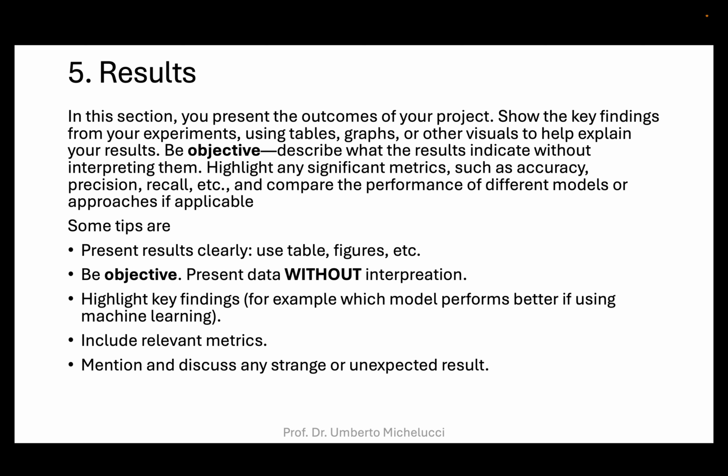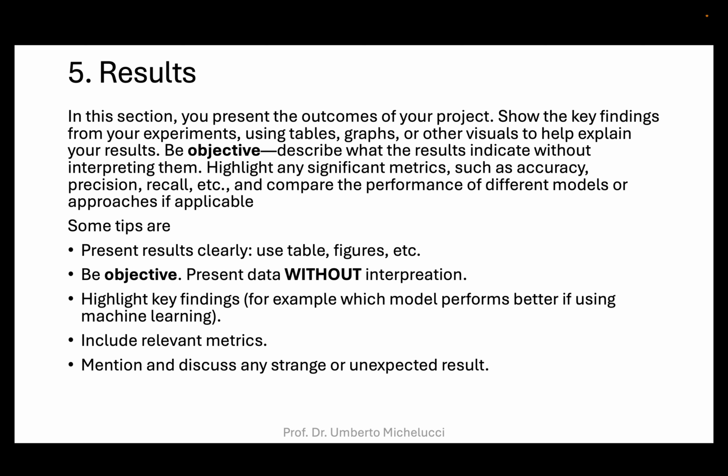Here in the results, you also have to mention and discuss any unexpected result, meaning that if there is any result that is very different from what you expect, you should put it in here. You should never hide results, even if they are bad or unexpected, and you should discuss every single unexpected result. The expectation is that if something doesn't work, you have to understand why.